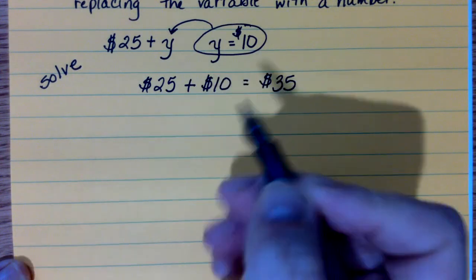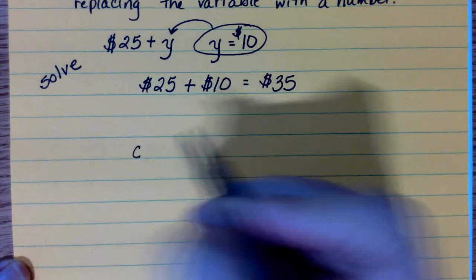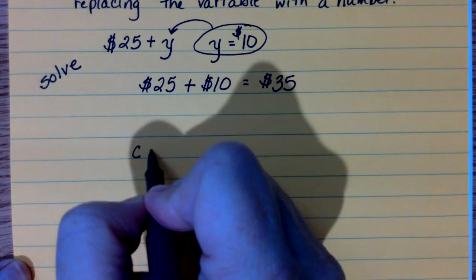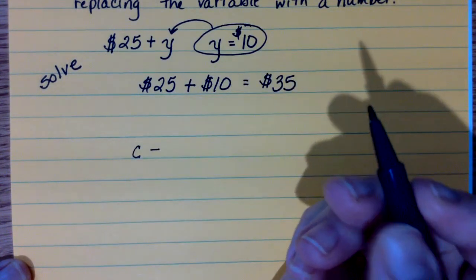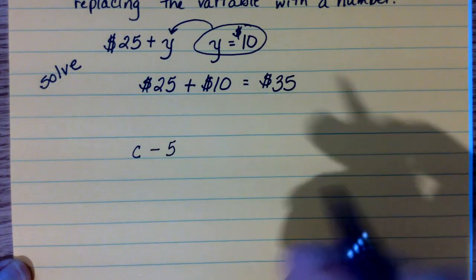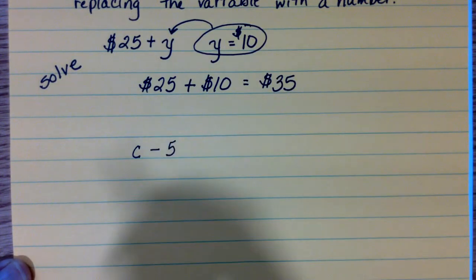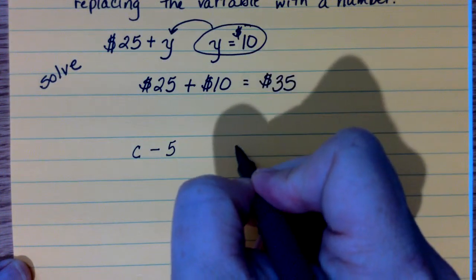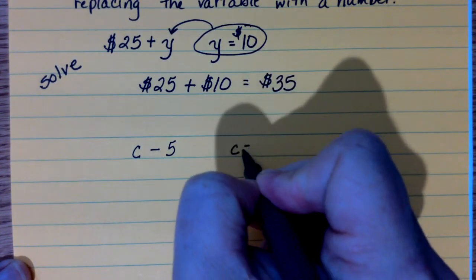You have a pile of candy. You have 5 friends that come over and you give some of your candy away. And then the C would be how much candy did you have to start with?